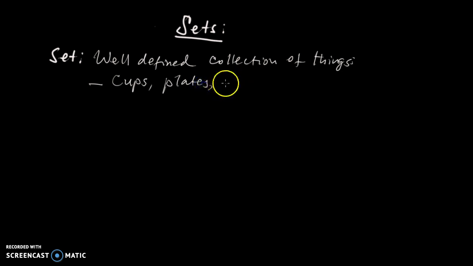We can talk about shoes, maybe black shoes. We can talk about a lot of things: pens, books, or counter books, etc. A lot of them we can define. We can collect the things into this nature.